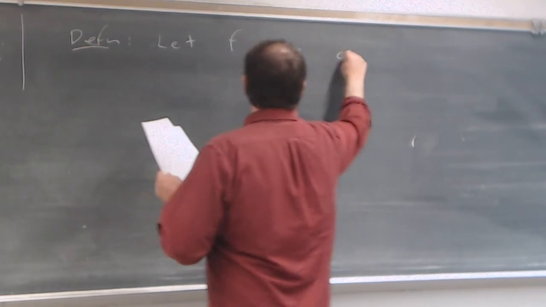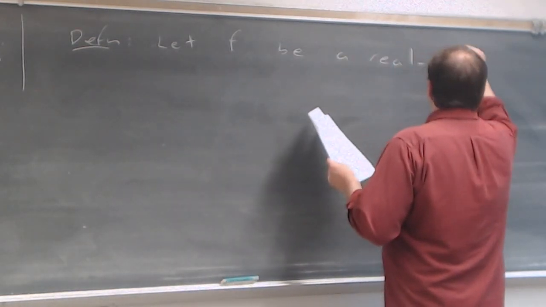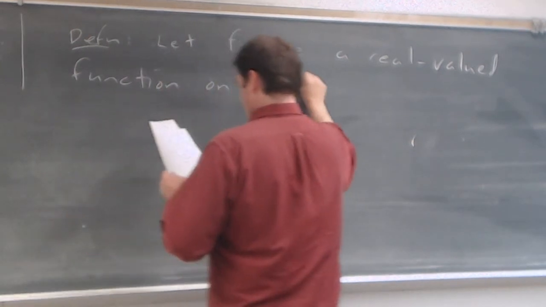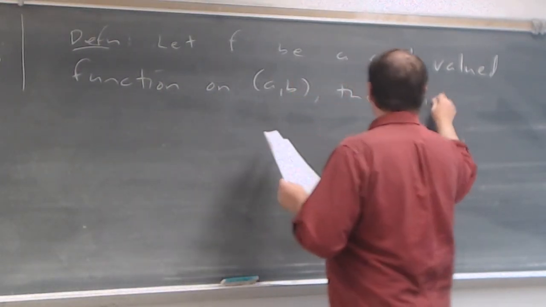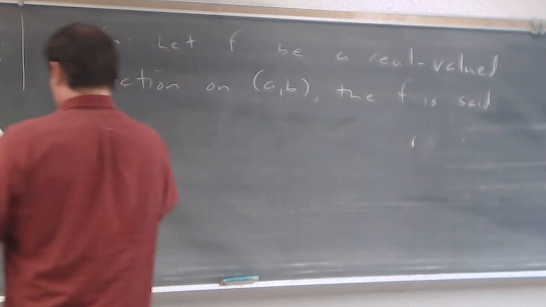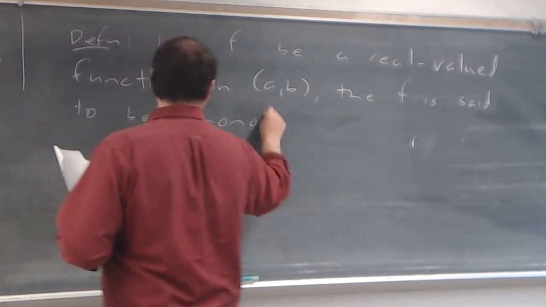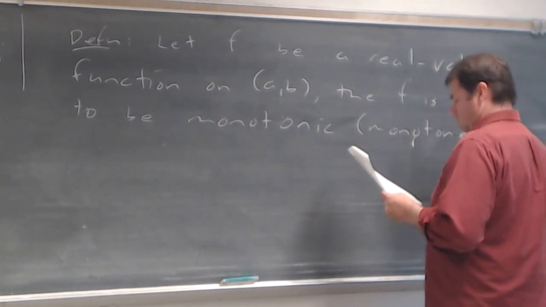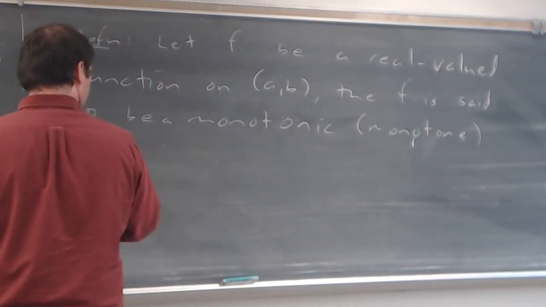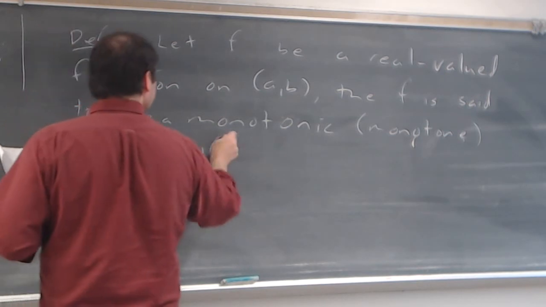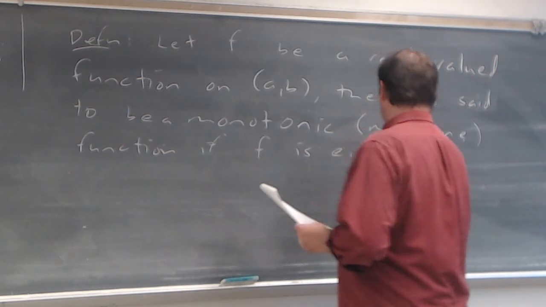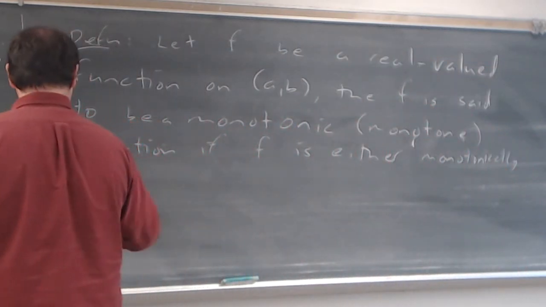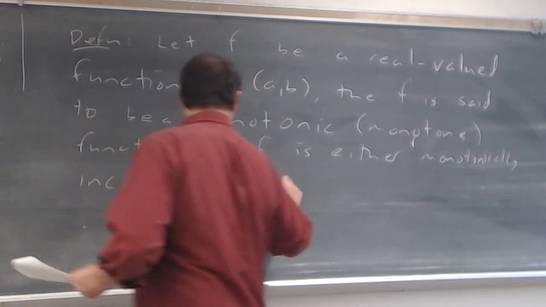It says, let f be a real valued function on a to b, then f is said to be monotonic, that's monotone, or to be a monotonic function, if f is either monotonically increasing or monotonically decreasing.